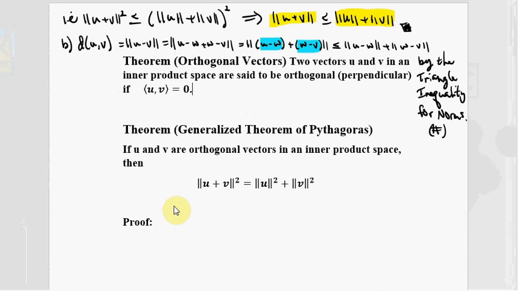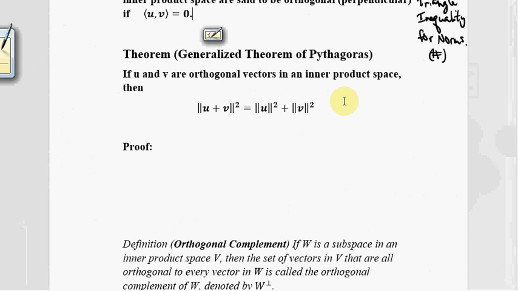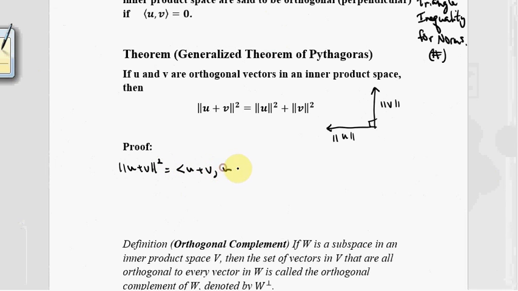So the proof of that is very simple. Intuitively, if we have the norm of u plus v squared, this is equal to the inner product of u plus v with u plus v.